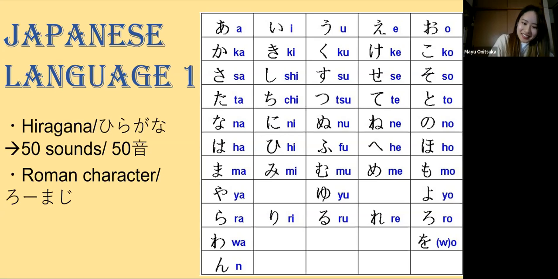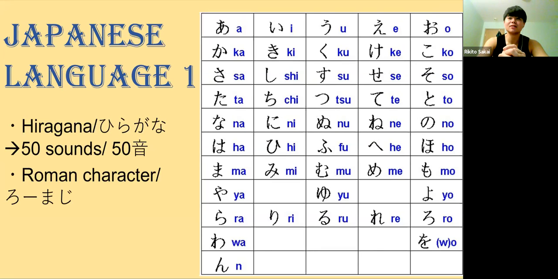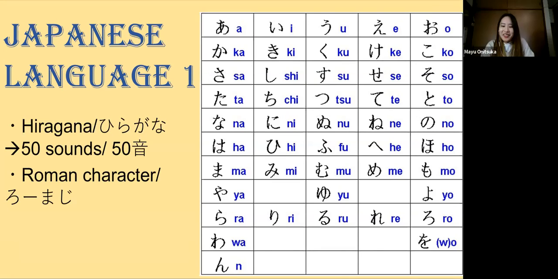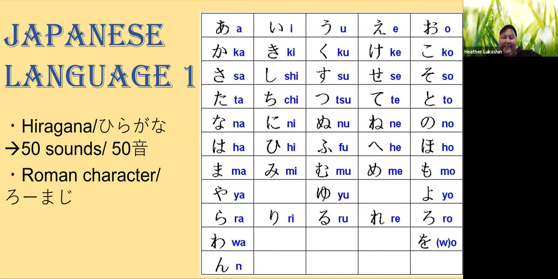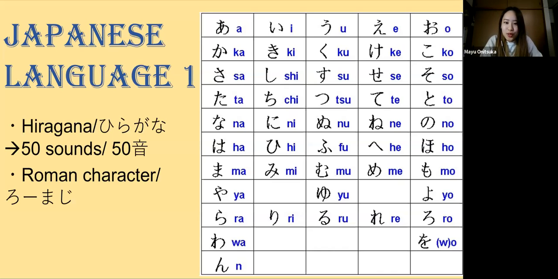So when you use A, you can say a. When you use I, you can say i. When you use U, you can say u. When you use E, you can say e. When you use O, you can say o.